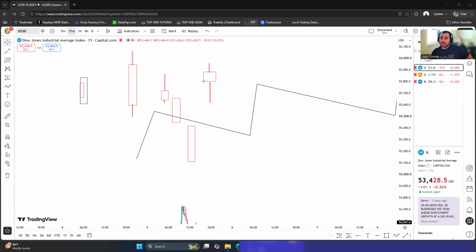Basically, the sellers were in control, and then the buyers stepped in and pushed the candle all the way up, meaning that most likely this market is just gonna go up. This is a healthy candle right here: a nice top wick, a nice lower wick, and a nice body.